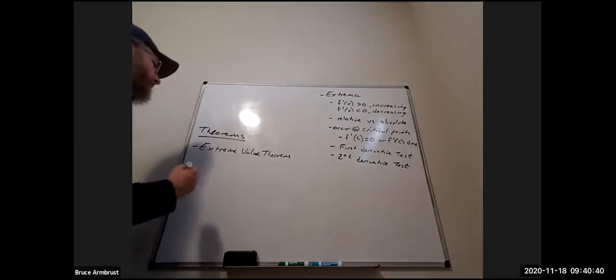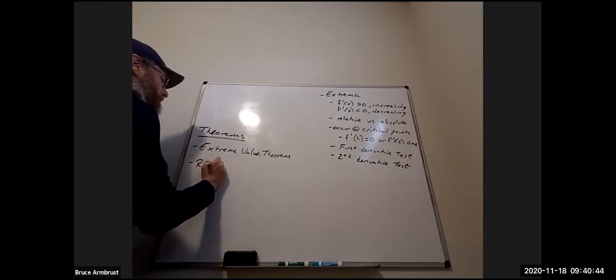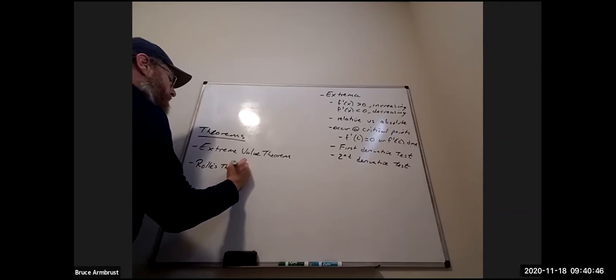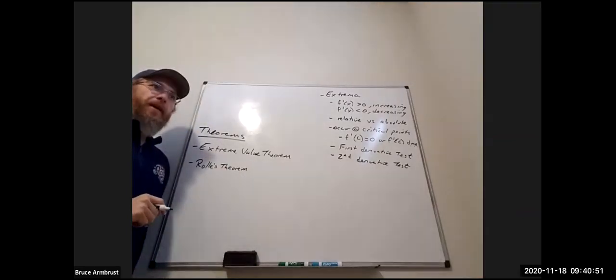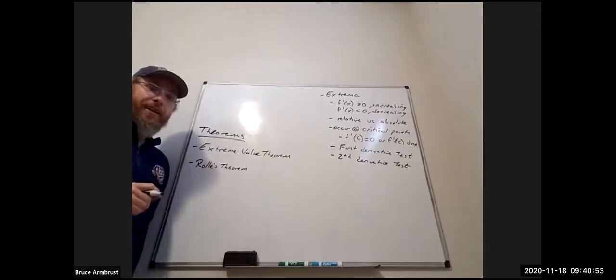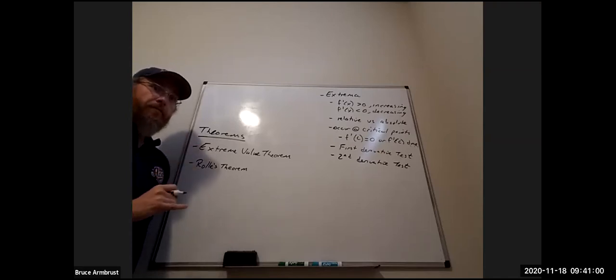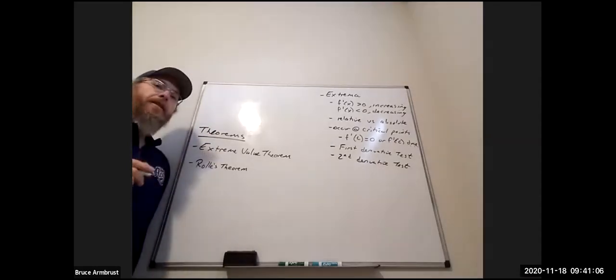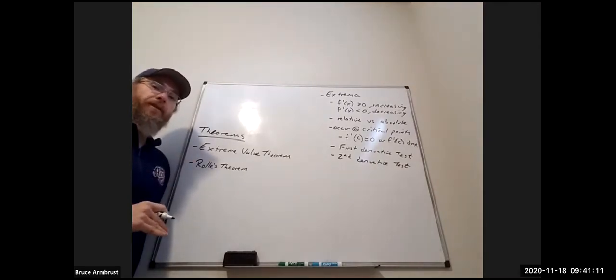Okay, so we had the extreme value theorem. We also had Rolle's theorem. That was the one that said if we've got a continuous and differentiable function, so not just continuous, but also differentiable on that closed interval, and those two endpoints had the same y values, then somewhere in the middle there is going to be a place where the derivative is equal to 0.